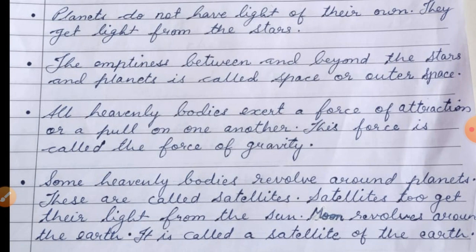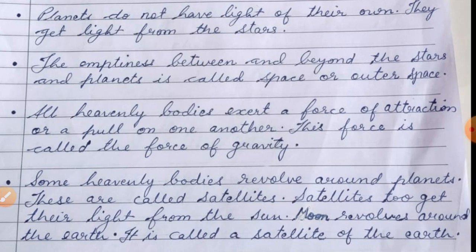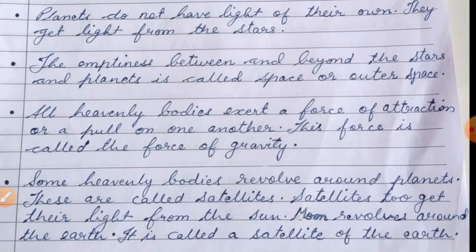Next, some heavenly bodies revolve around the planets. These are called satellites. Satellites get their light from the sun. Moon revolves around the earth. It is called a satellite of the earth.